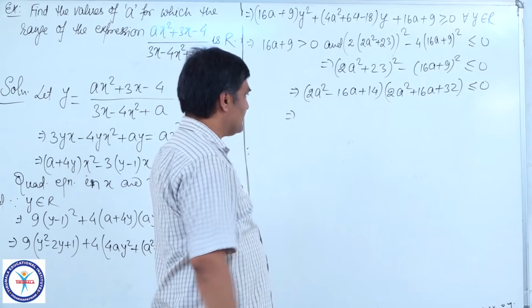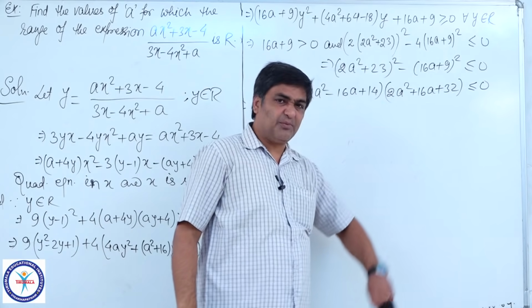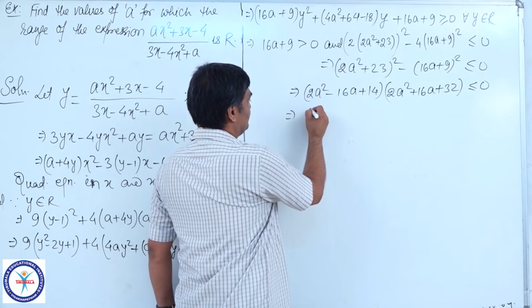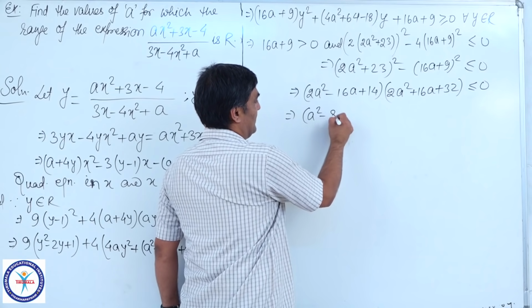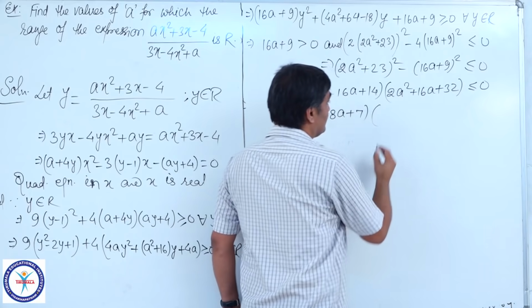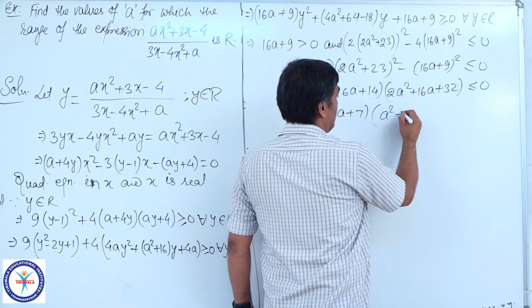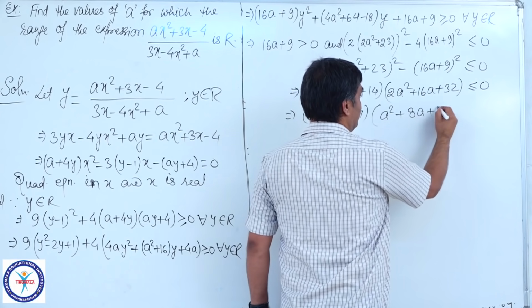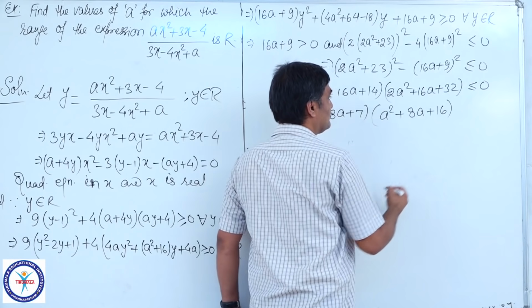Again we can take 2 common from all these. So it is a square minus 8a plus 7 and this is a square plus 8a plus 16.